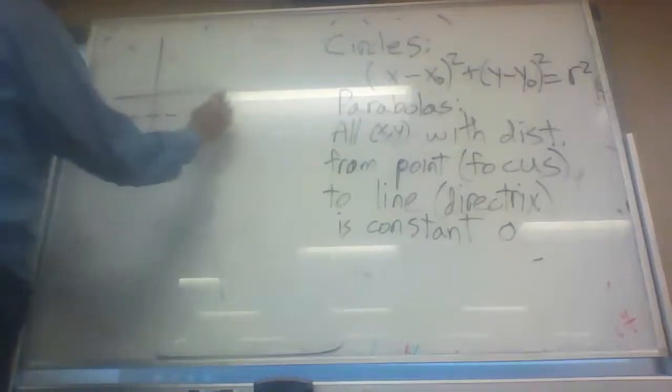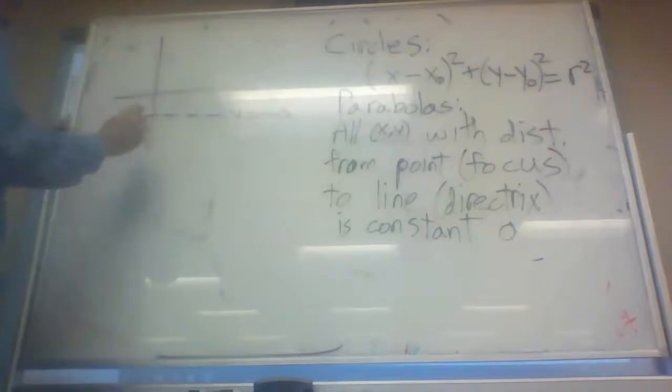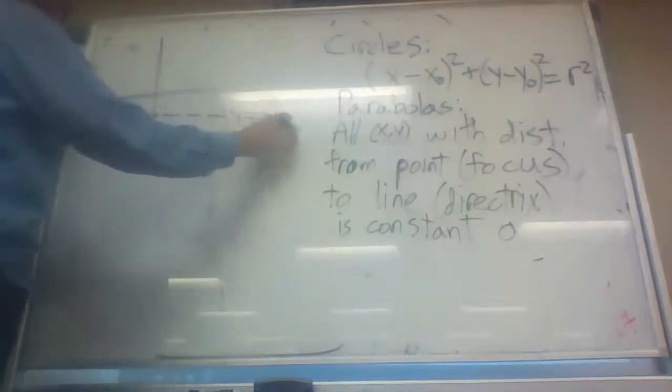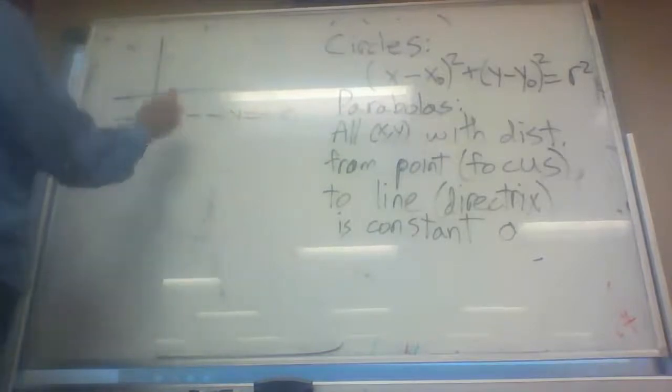Some constant A. And again, if you write the distance formula and square it and solve it, you get the equation for a parabola. Let's do a vertical one, sorry.